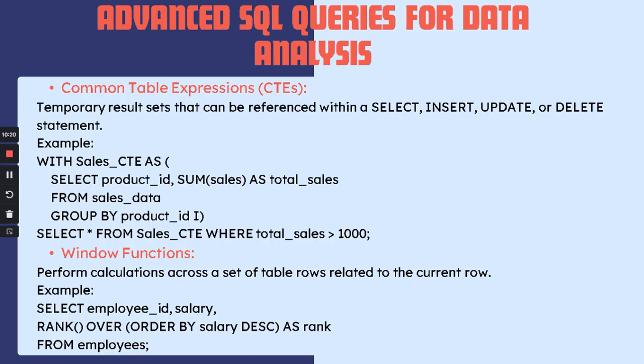For instance, a query using the rank function could rank employees based on their salaries in descending order, showing each employee's rank alongside their salary. These features combined make SQL queries more powerful for breaking down complex analysis and gaining deeper insight into the data.